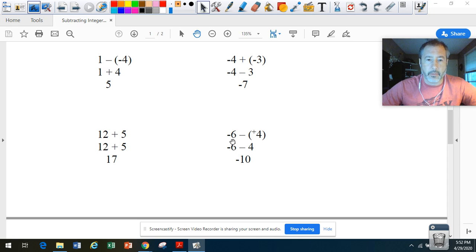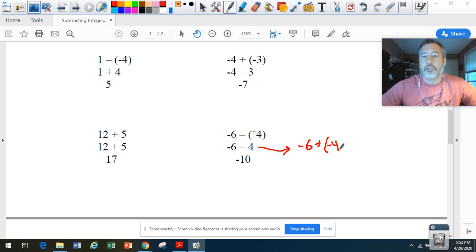Okay, let's look here. Negative 6 minus positive 4. This is the same as negative 6 minus 4. Now, if you want to write it differently, subtraction is nothing more than the addition of a negative number. I could take this and say, negative 6 plus negative 4.